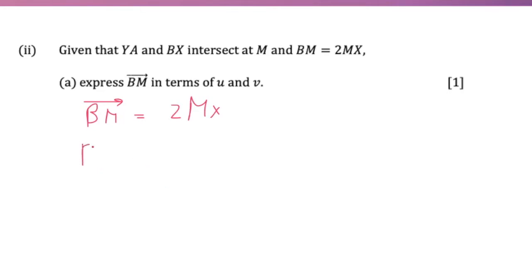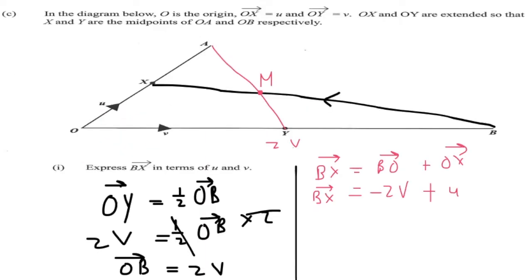So that means that BM is twice the size of MX. That's what they're saying. All right.